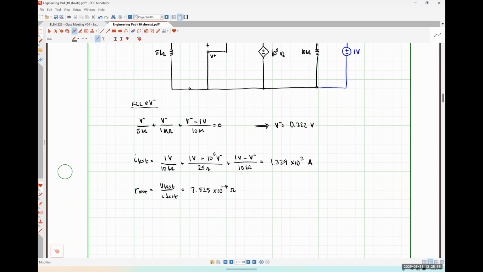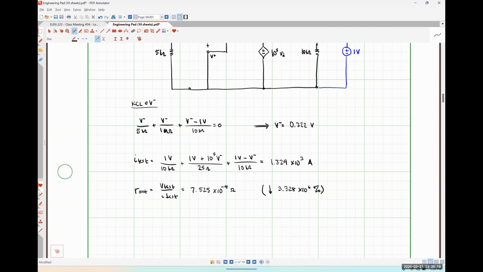So that's pretty close to 0 output resistance, which is the ideal case for an op amp, okay? For what it's worth, this is a decrease in the output resistance of a factor of 3.328 times 10 to the 6%.